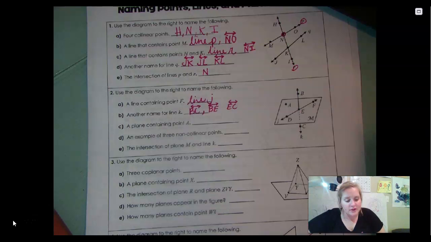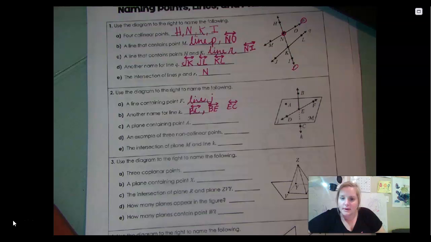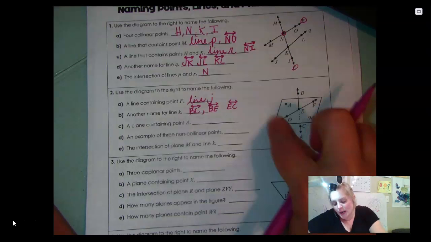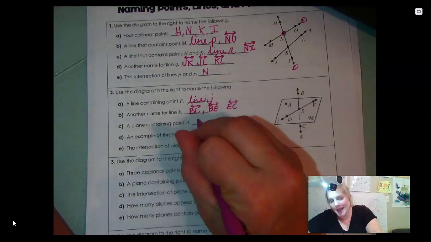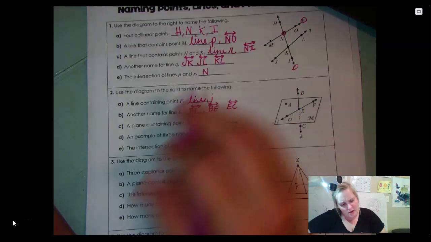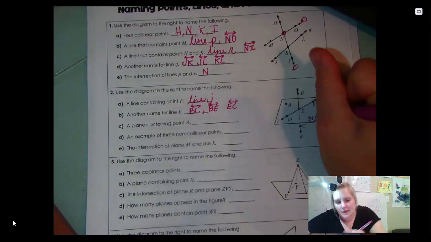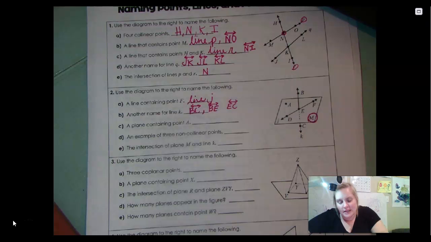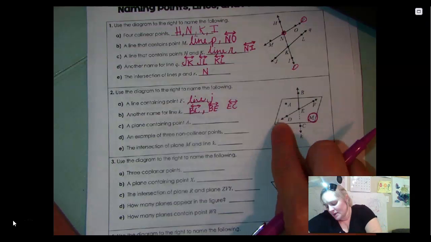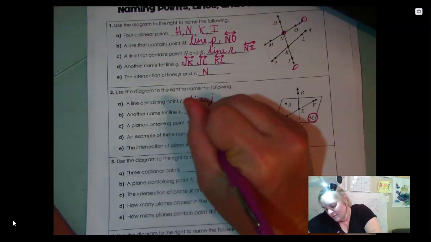When you're answering your own questions, you can just give me one. A plane that contains point A. So here's point A. It is on plane J. Plane J? Nope, that says I got it wrong. Oh, here it is. M. That's the name of it. I was using the line. That's line J, so it's plane M.